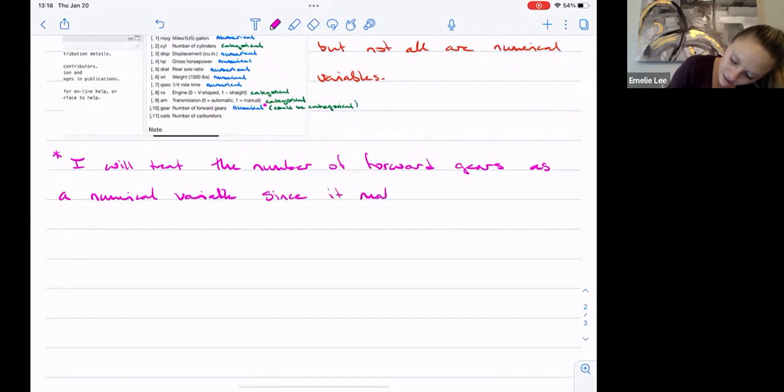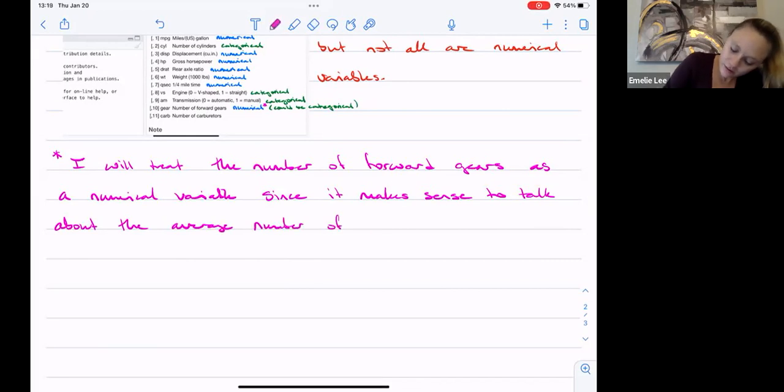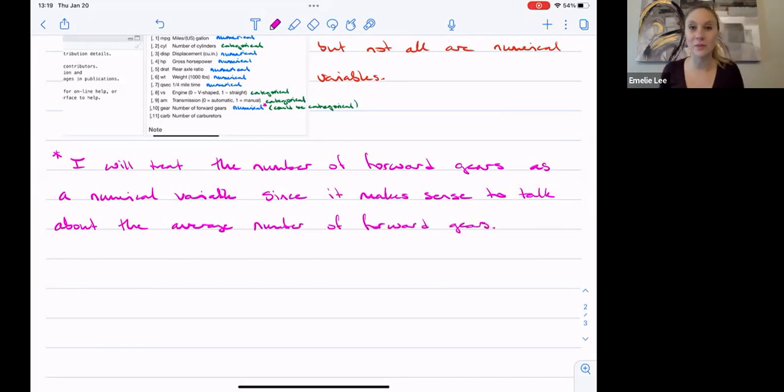Since it makes sense to talk about the average number of forward gears. If you disagree with me, then you think that it's a categorical variable, and that may very well be, but I have buttered my bread, so to speak.